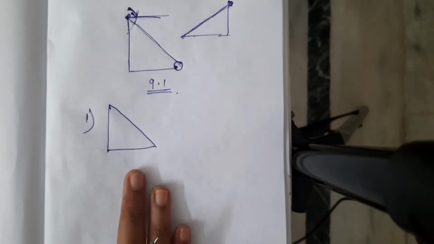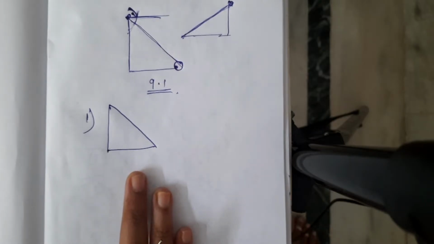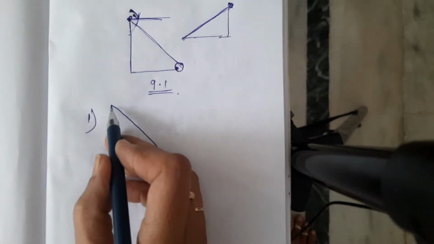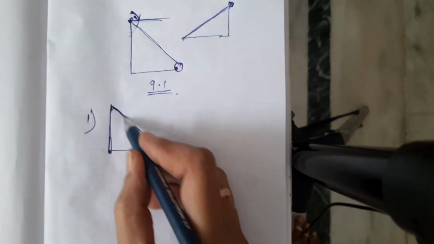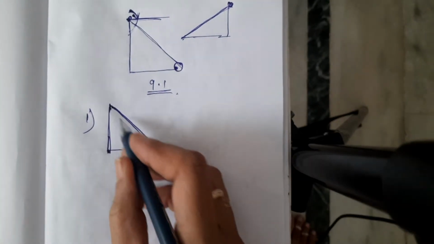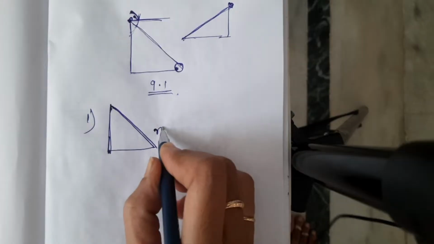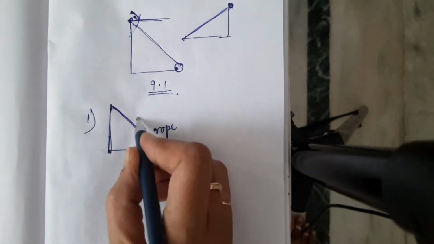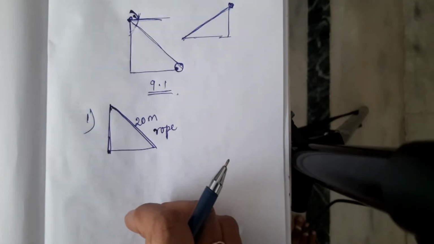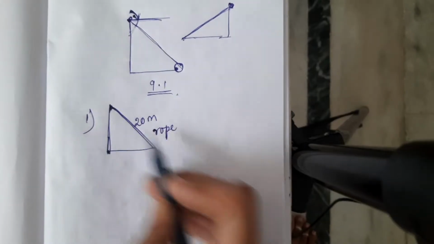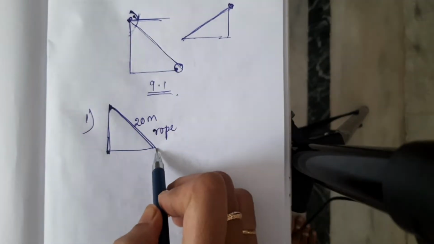A circus artist is climbing a 20-meter long rope, so it's obvious that there is a pole. This is a pole and a rope is tied to that. The hypotenuse will be the rope, which is 20 meters, tied to the top of the vertical pole and to the ground.